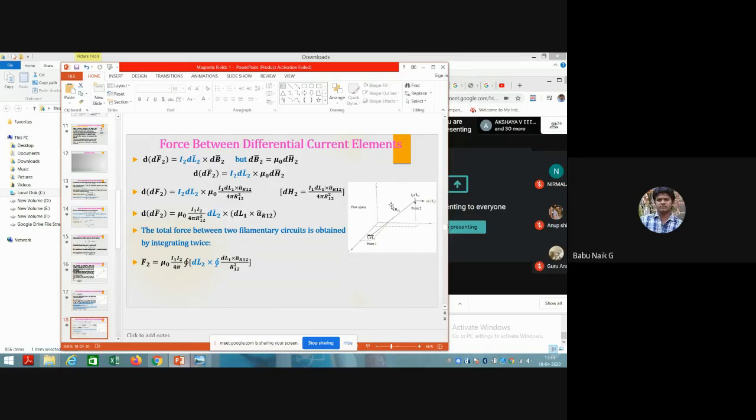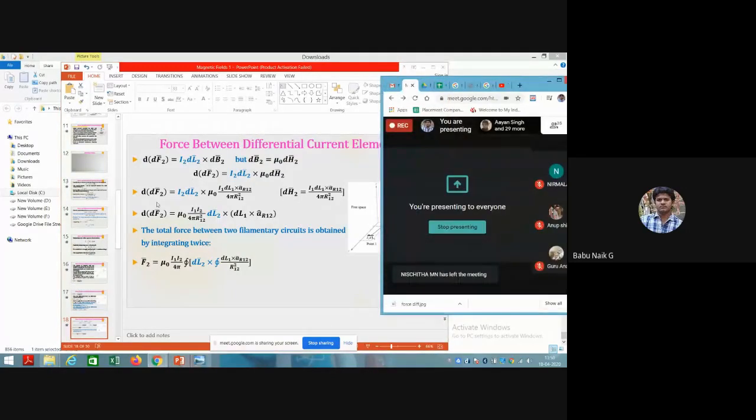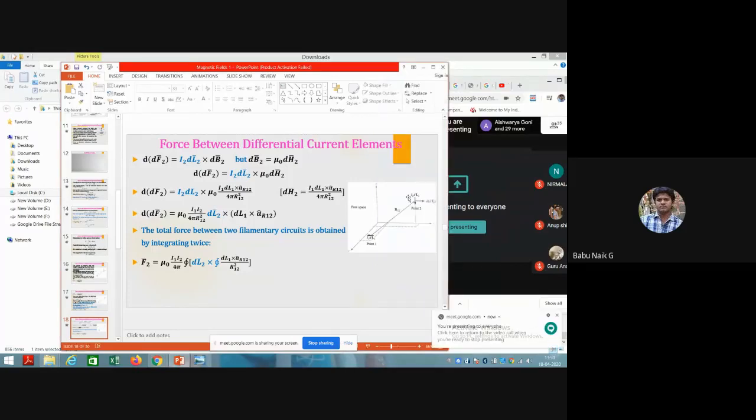This we are considering in free space, so we can write, after taking the differential at point 2, that d(dF2) equals I2 dL2 cross mu naught dH2. Now, what will be the force at point 2?